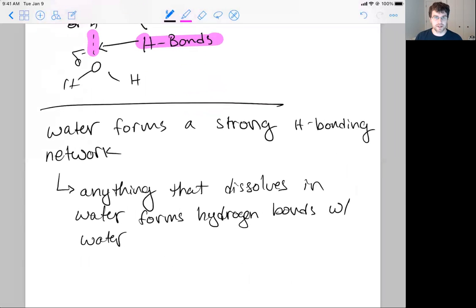So if you think about all the things like salt, sugar, ethanol, whatever, these things that you can mix in with water, and at the end of the day, you get this clear solution as the material has dissolved.